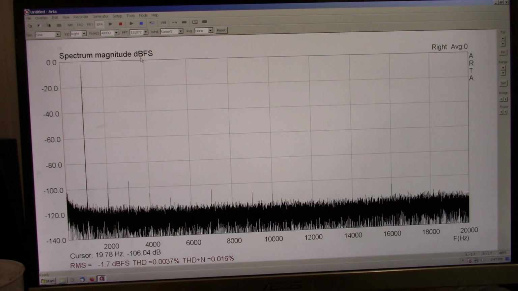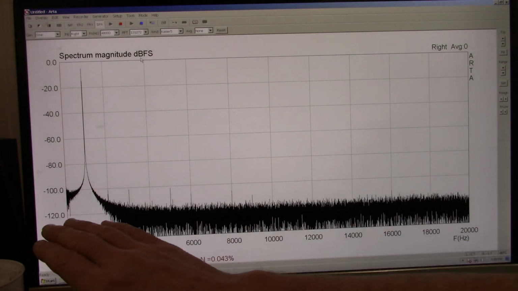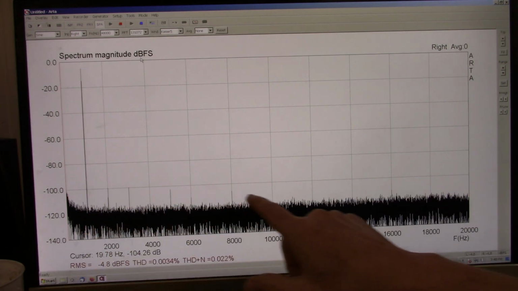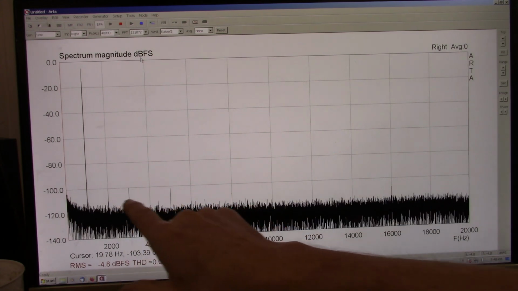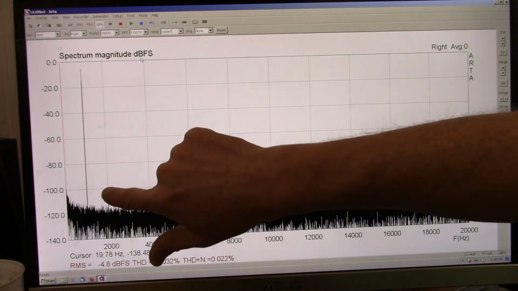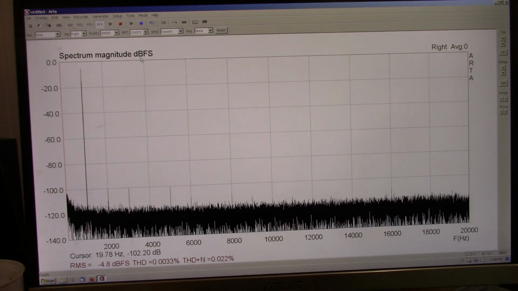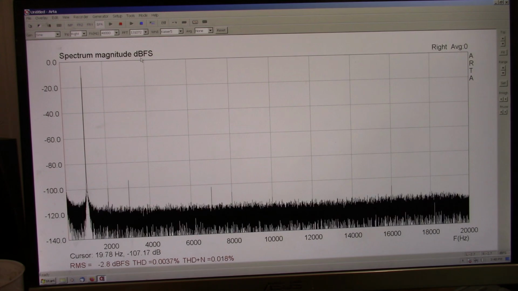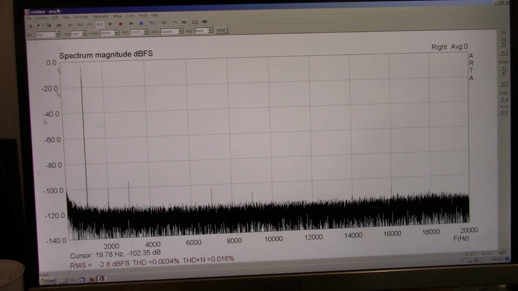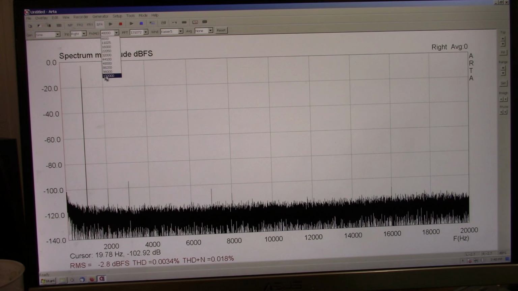Because even if I turn this music player signal level down some, let it update here, this peak's dropped. Of course this peak dropped, but these are going to drop relative to that one, so it really doesn't change the distortion much. Now when I was measuring the chips in the last video, I had my bit rate set to here.